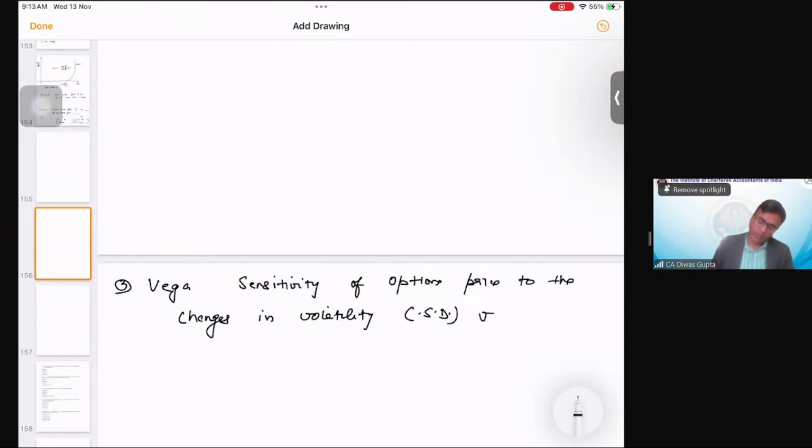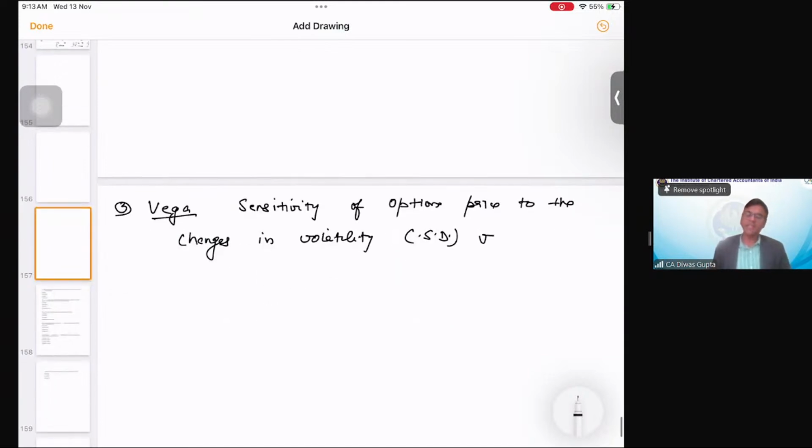We denote it with V. So the way to remember is volatility is starting with V and vega is also starting with V. Right? So the option price is also dependent on volatility, and this can be proved using the Black-Scholes model. Black-Scholes model uses volatility as one of the input factors.